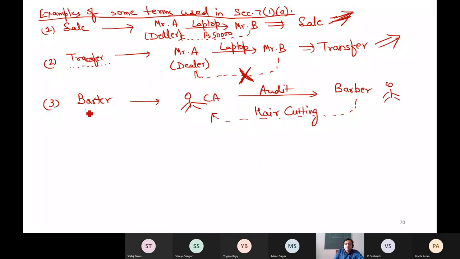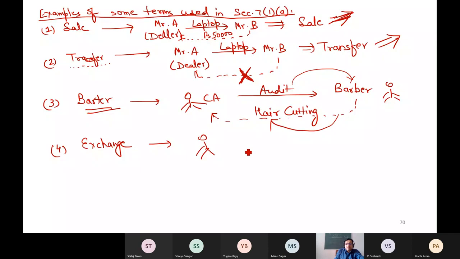It's barter. So this professional has performed audit services for this barber. This barber has given hair cutting services and facial to this chartered accountant. It's barter. Whether this is supply or not, that is another case. I'm only explaining the meaning. Exchange. In exchange, both things happen.